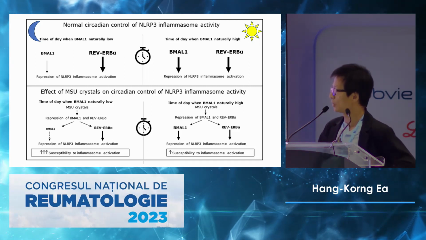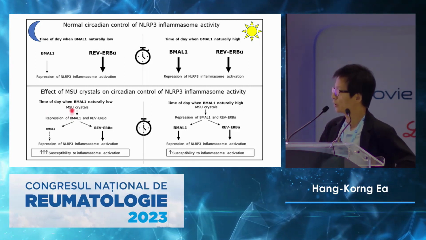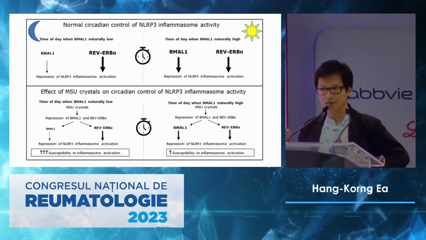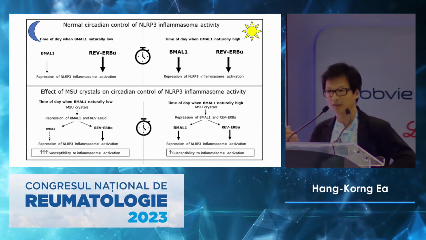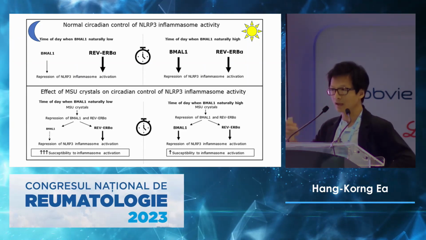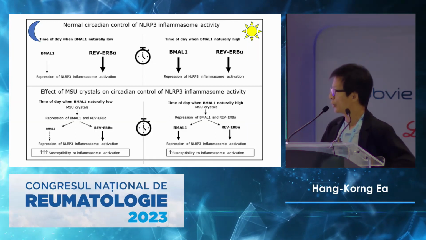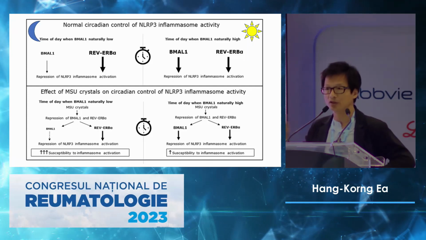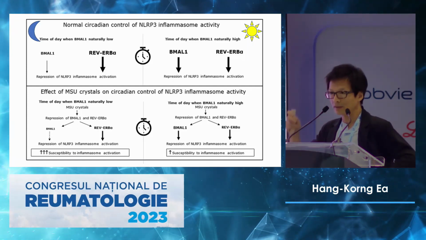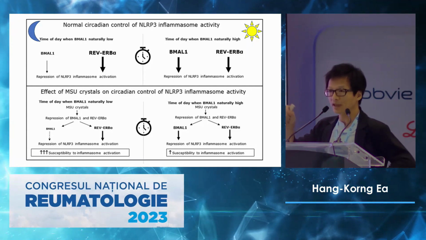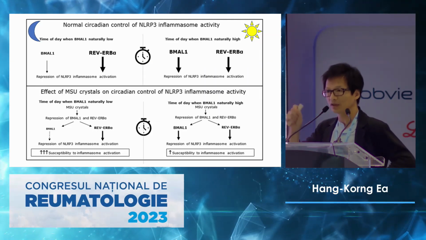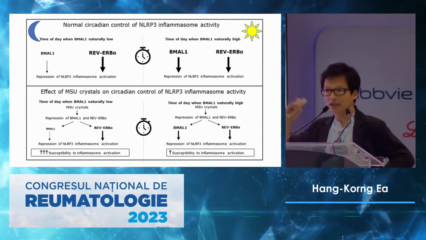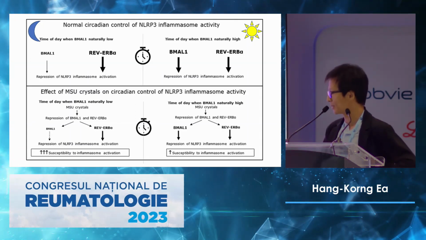So if the crystal reduces the expression of BMAL, the cells will be more sensitive to the crystal and to the activation of the inflammasome. And this increase of sensitivity occurs during the early morning period. So this result suggests that the crystals per se can modulate the sensitivity of the cells to the inflammasome activation through the circadian clock regulation.